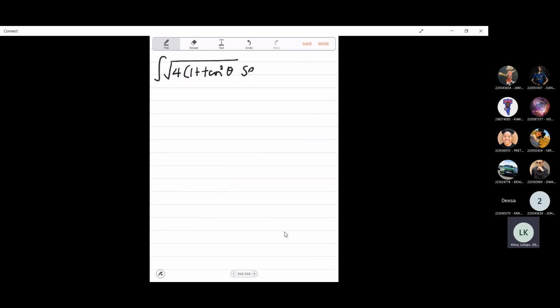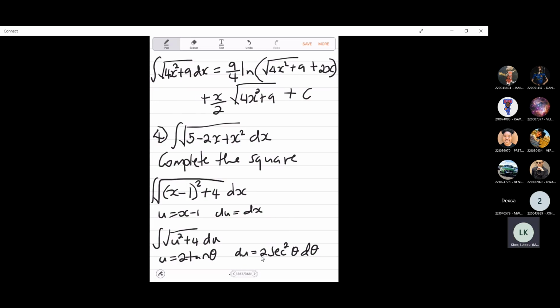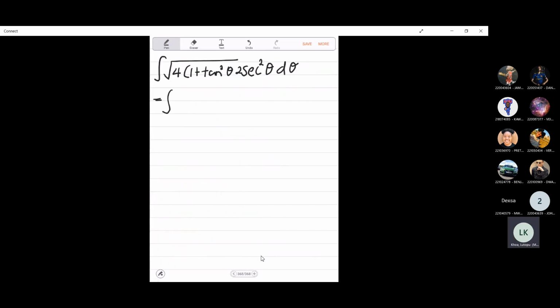So this is sec squared theta d theta. This is the integral of, there's a 2 here, this 2 here, that one. So this is 4 sec to the power of 3 d theta.